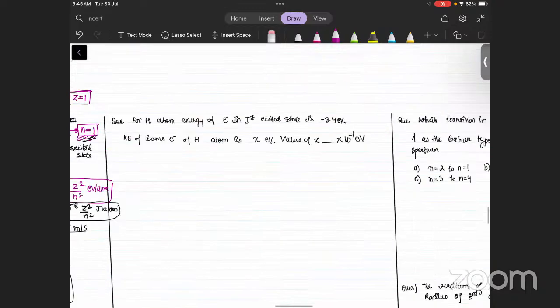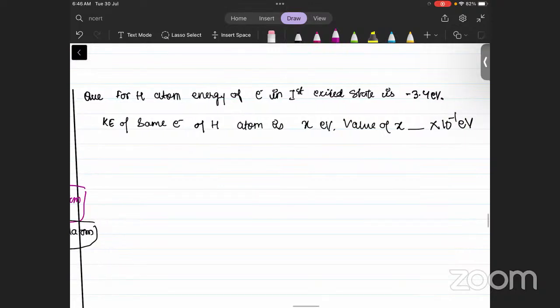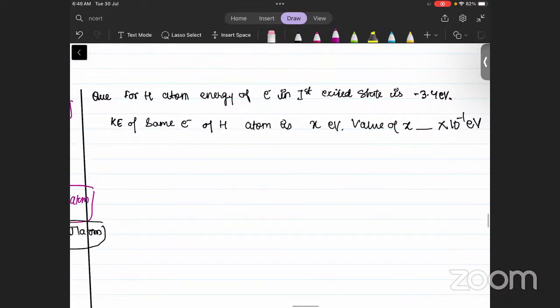Now let's come to the other question, which is: for hydrogen atom, energy of electron in first excited state is minus 3.4 electron volt. Kinetic energy of electron of hydrogen atom is x electron volt. Value of x is... yes, this is a very nice question which you got, I think, in 2023 or 24, which was based on whatever you have learned right now, the formulas that we saw, right?